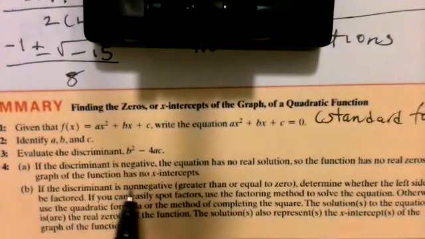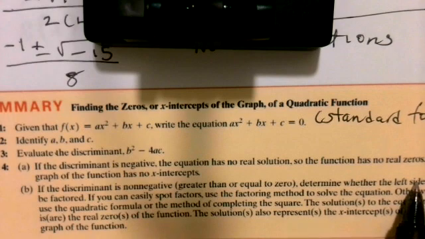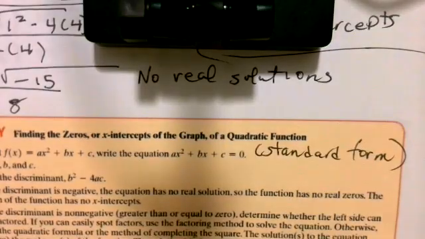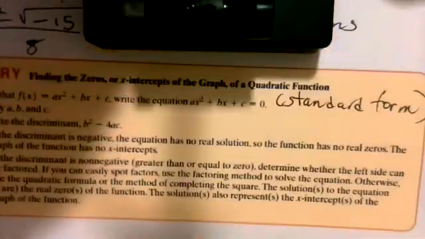Okay, if the discriminant is non-negative, greater than or equal to 0, determine whether the left side can be factored. If you can factor it easily, I would recommend that.